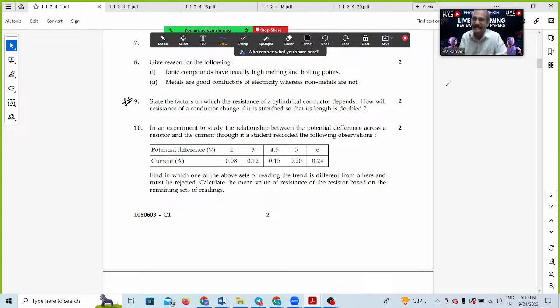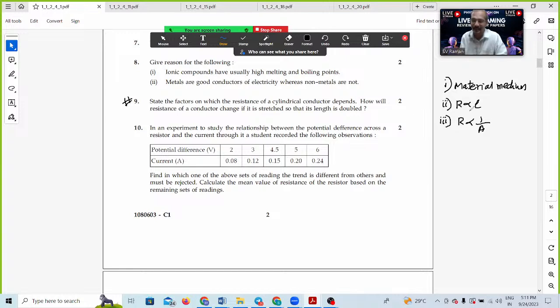State the factors on which the resistance of a cylindrical conductor depends. The resistance depends upon the material medium. And the resistance depends upon the length of the conducting wire. And the resistance is inversely proportional to the cross-section area. All right. How will the resistance of a conductor change if it is stretched so that the length is doubled?